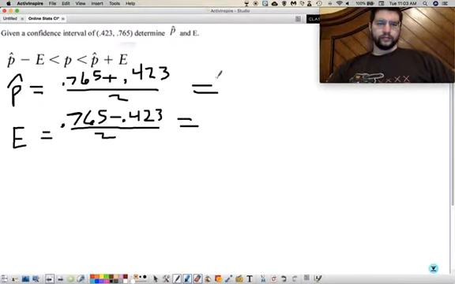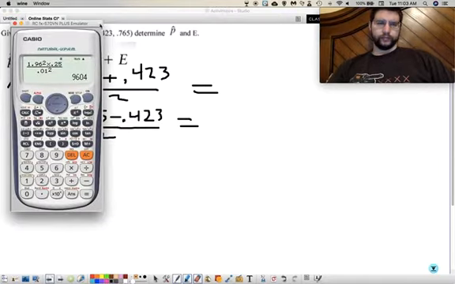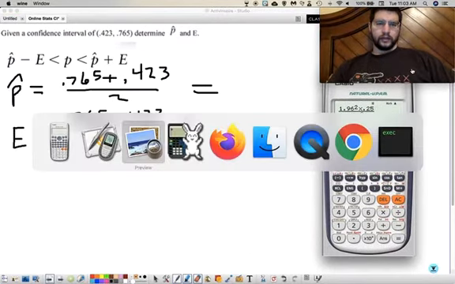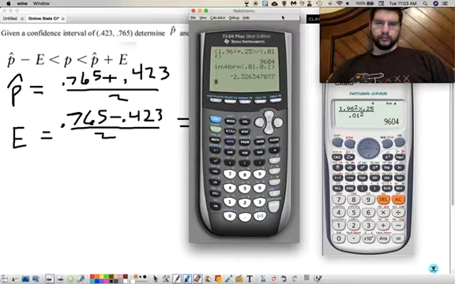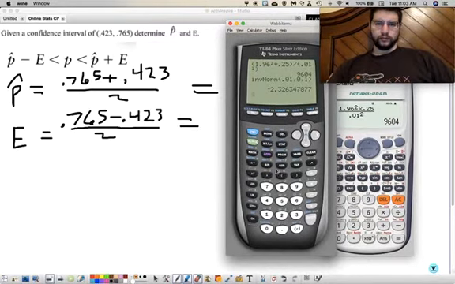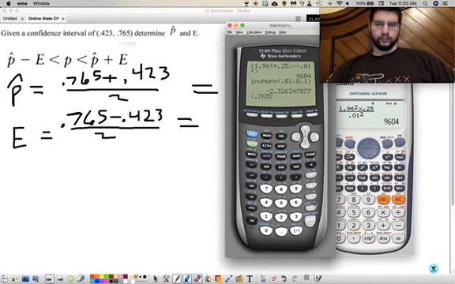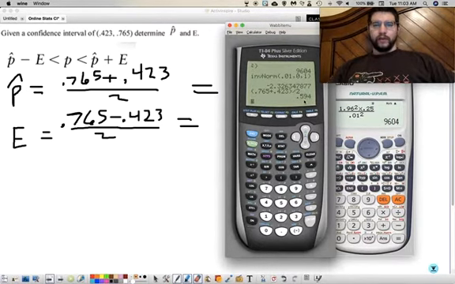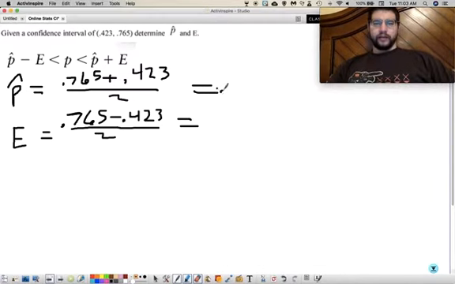Okay, now we just type it in. And actually, we use P hat. So that gives us 0.594 for P hat.